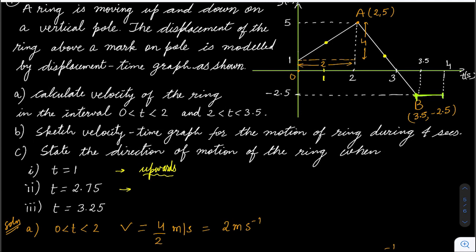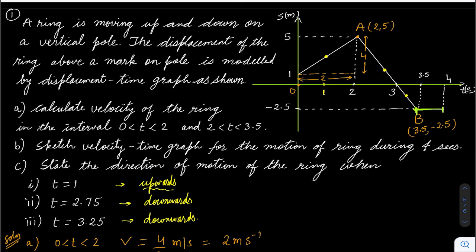Now, this velocity is negative. So we can say the particle is moving downwards. 3.25 is somewhere here. So again, the particle's velocity is negative, so we can say it is moving downwards. That's it. That's all they are asking.